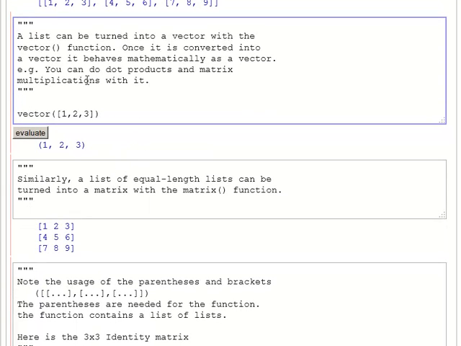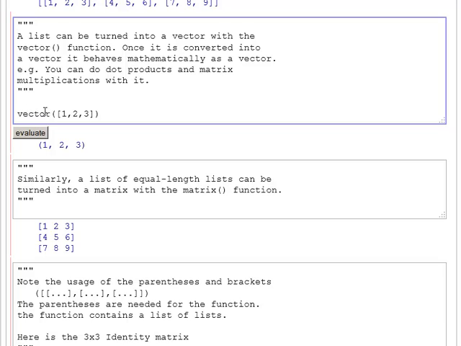But in order to make them behave mathematically like vectors and like matrices, we have to actually construct objects that behave in the right way. So if I want to take a list and turn it into a vector, I have to say vector, parentheses, notice the rounded parentheses, and inside of that I'm going to put a list.